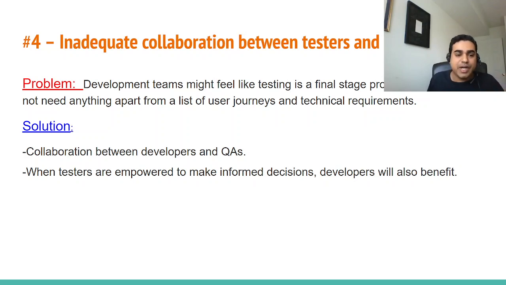By sharing knowledge with the tester from the beginning of development, maybe when grooming or a planning session happens, the developer can help the tester make better decisions about what tests to run to ensure software quality and functionality. So when testers are empowered to make informed decisions, developers will also benefit. Developers will definitely benefit, since comprehensive testing of a software component ensures that it is ready to deploy in production with confidence.